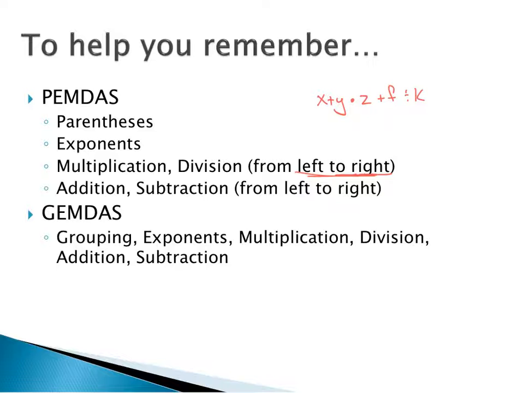Just random letters. It doesn't matter that multiplication is after addition. You would do this first because it is the first multiplication, and then you would go down the line and you would see f divided by k down here and do this second. So it's from left to right.